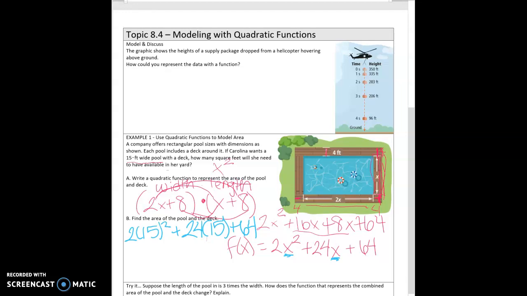Go ahead and plug that into your calculator, and you're going to get 874. So Caroline would need 874 feet squared if she wants a 15-foot wide pool.